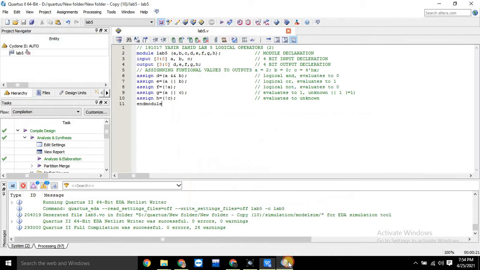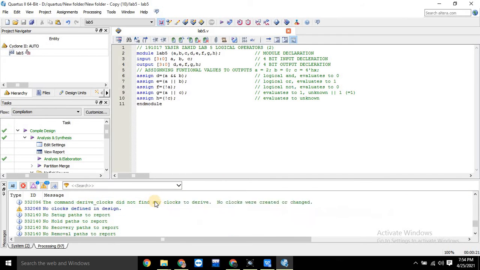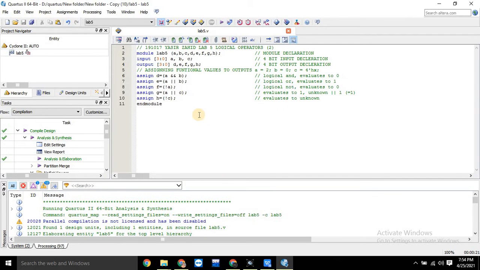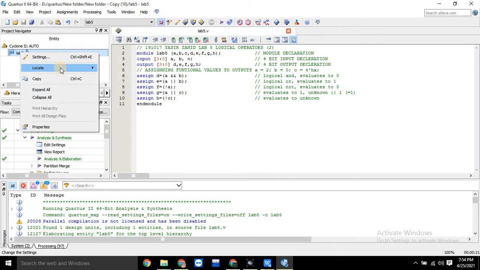Now coming to its implementation on Quartus, I have already compiled the code and there are 0 errors. So first we'll see its RTL view.